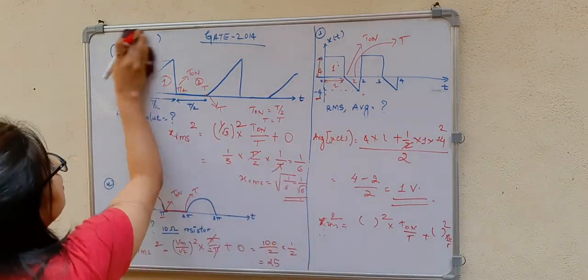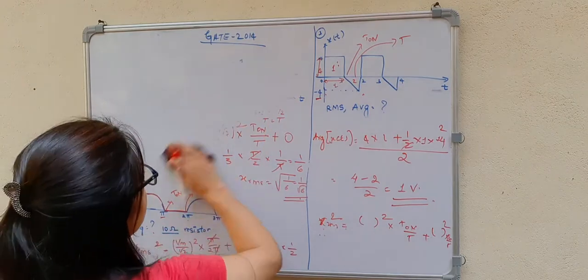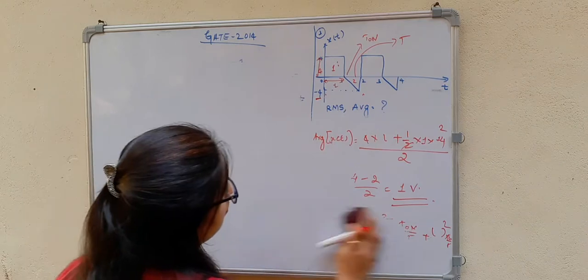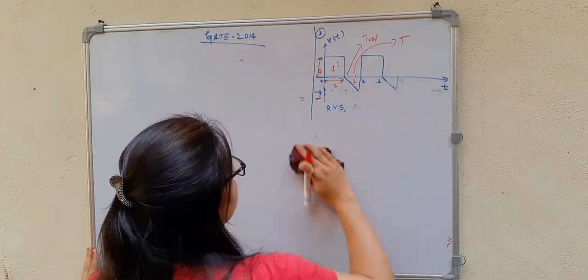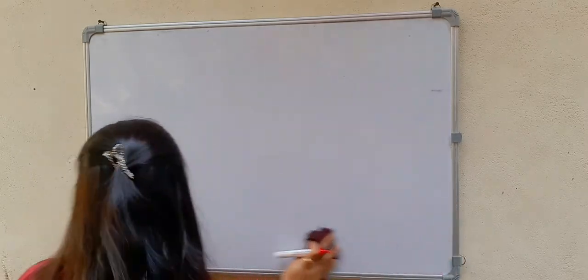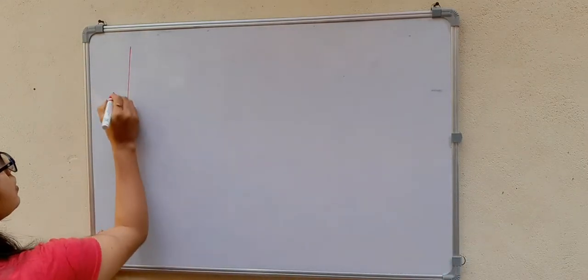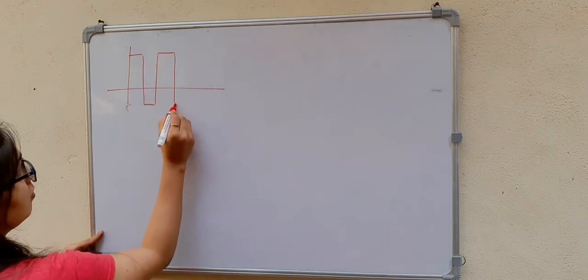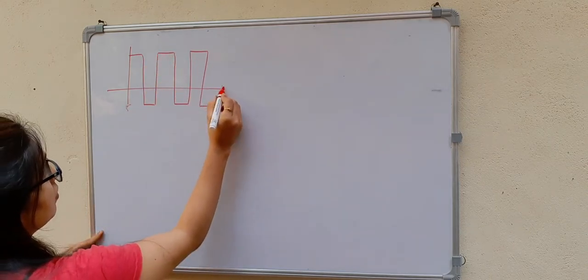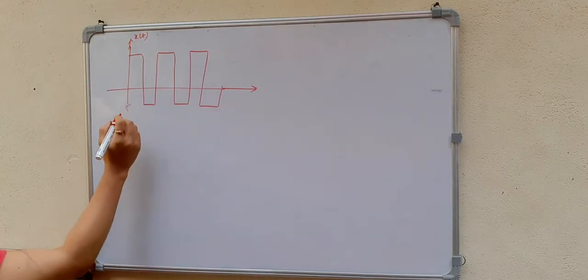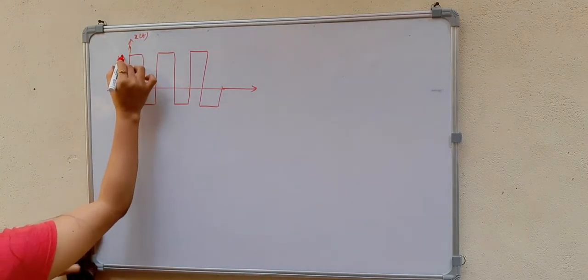Next, let us take the fourth problem. So they have given this waveform. X of t, and the value here is 10 amperes.